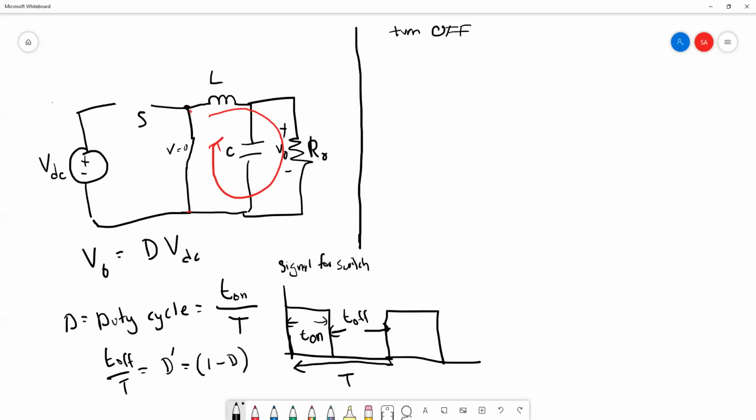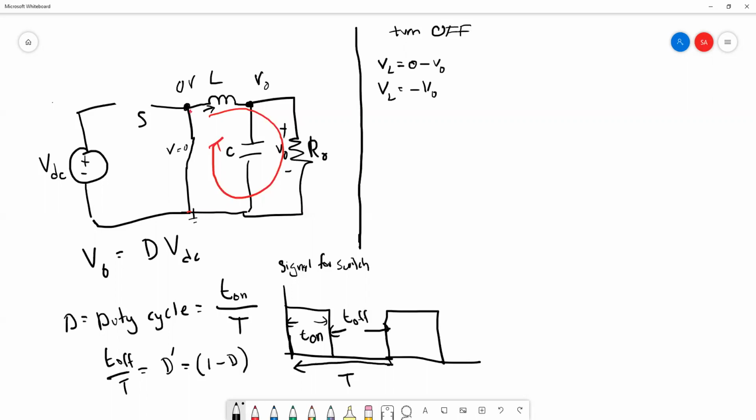The node here is 0 voltage because, as you can see, this is ground, and this one is V out. So we can write down the equation of VL. Because of the current direction, VL equals 0 minus V out, or VL is negative V out.